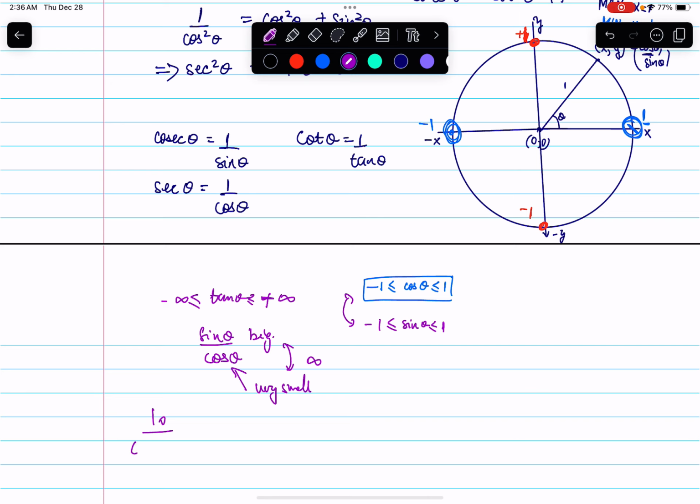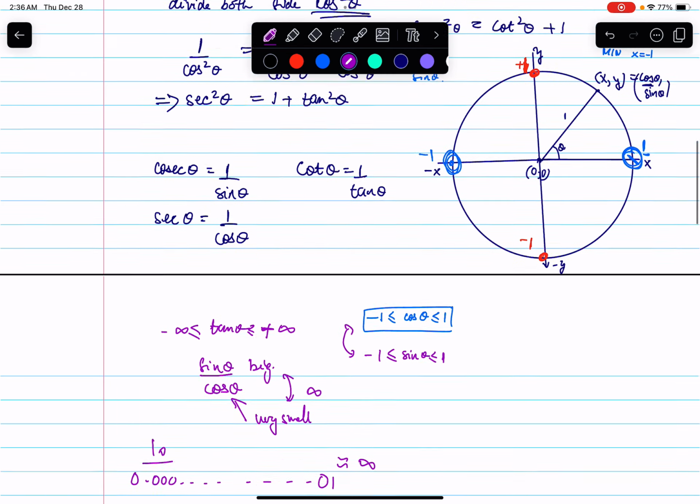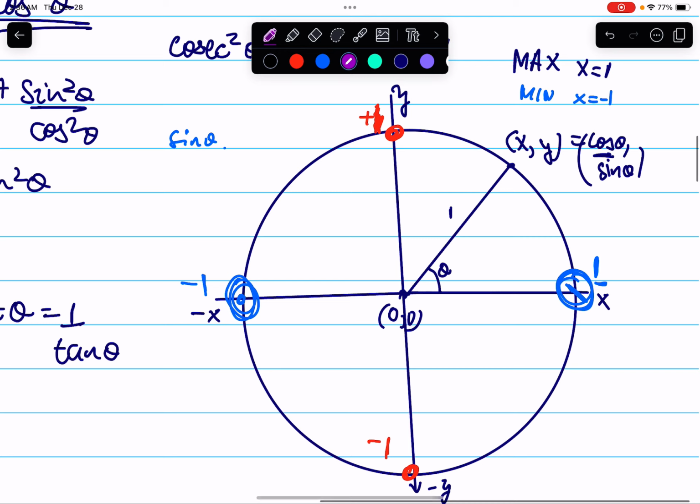It's sort of like when you divide 10 by a very small number, like 0.00000001, then you approximately get infinity, right? So, for example, let's say theta is very close to 90 degrees. Then the value of y is almost 1, whereas the value of x at this point is almost 0.